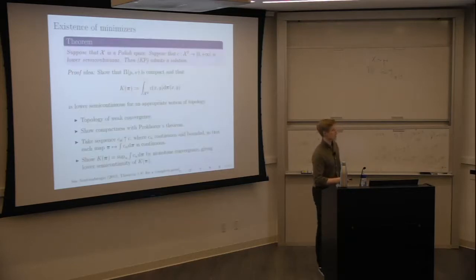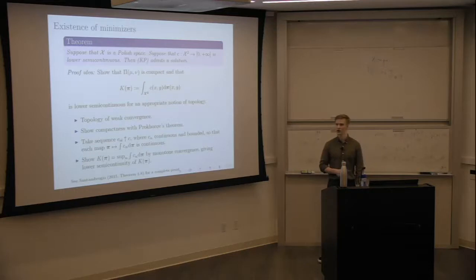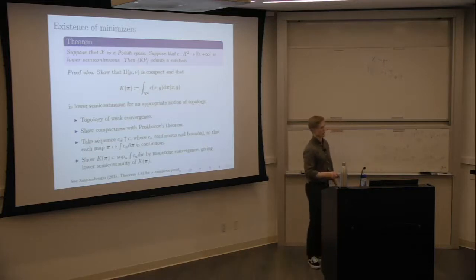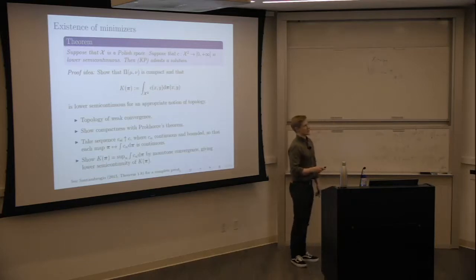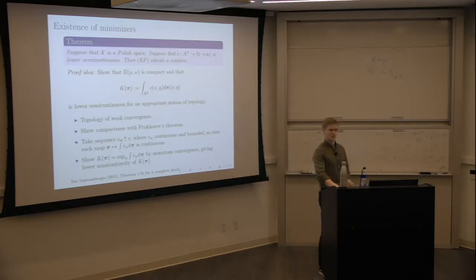And we'll tackle the first one first, directly for the primal problem, the Kantorovich problem. And if this doesn't make sense to you, don't worry. We'll talk about the intuition here in a second. So if X is a Polish space, a complete and separable metric space.